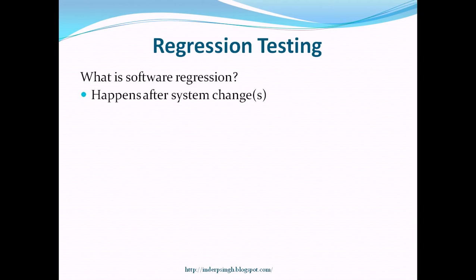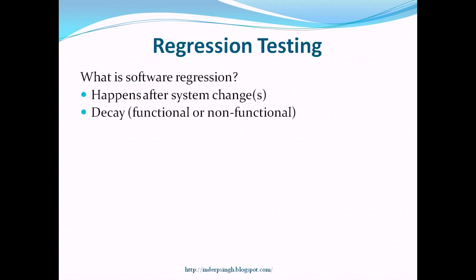For example, the user data type has changed. Instead of text, now the users are putting in both text and images, or the volume of the user data has changed. So all these changes can happen to the system. Software regression is any unwanted problems that occur after the system is changed in any way.